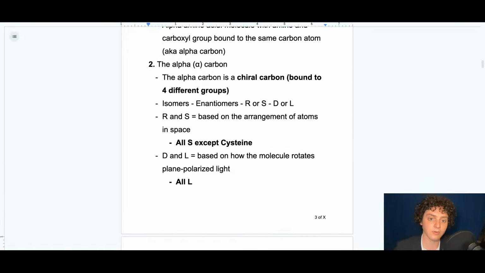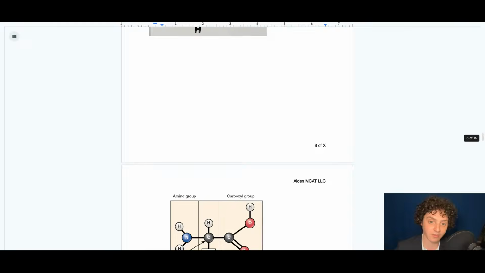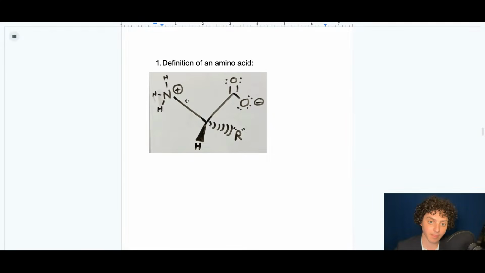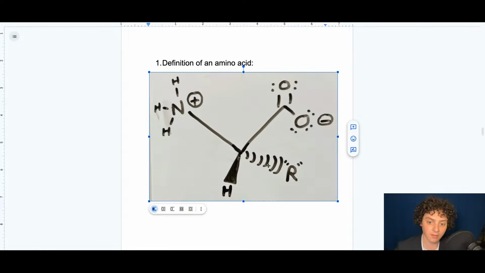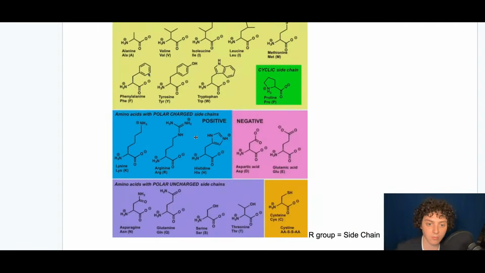In topic number 2, which was the alpha carbon, I mentioned the chiral nature of the alpha carbon. A chiral carbon is a carbon atom that is bound to 4 chemical groups, which are all different. But what if that R group that is here on the dash, facing away from us in this depiction that I drew for this lesson, is just a hydrogen atom? Such is the case with glycine.